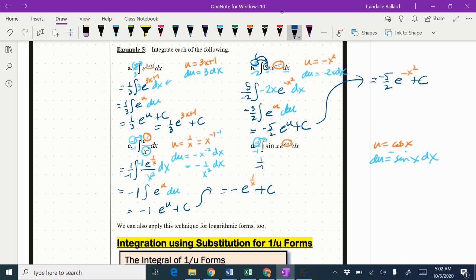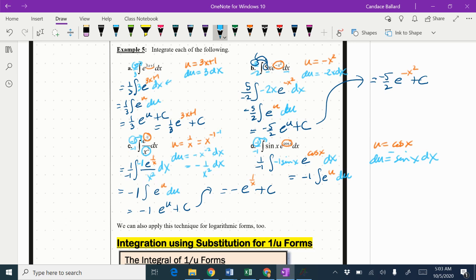I'm going to rewrite by shoving that inside. So I have 1 over negative 1, the integral of the negative 1 sine x, because I shoved that negative 1 inside, e to the cosine x dx. All right, so we really have negative 1, the integral of e to the u, and then for the negative sine x dx, I get du.